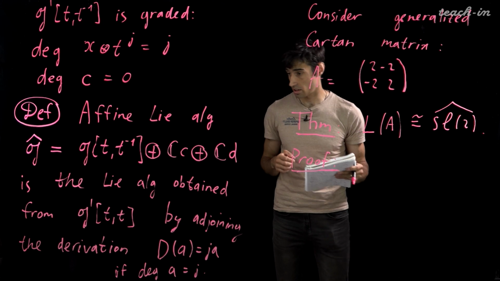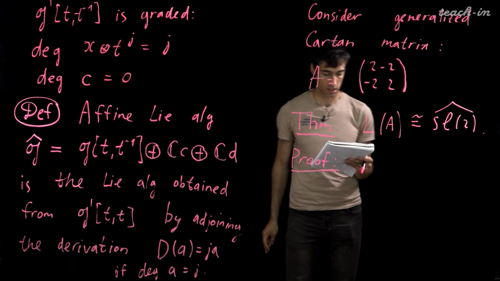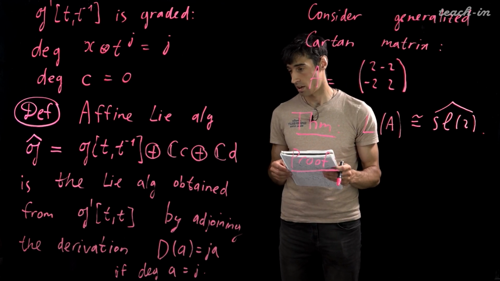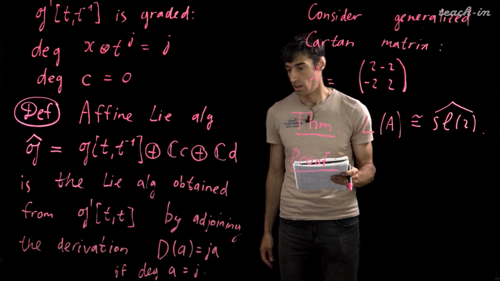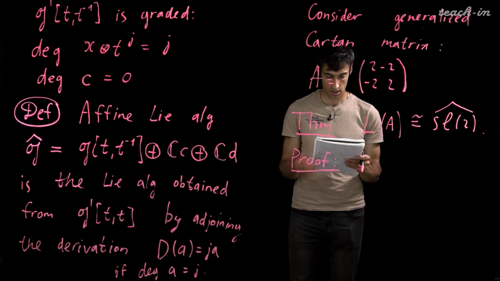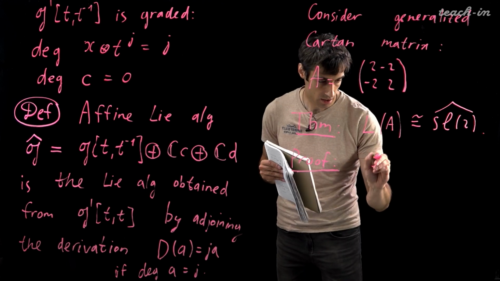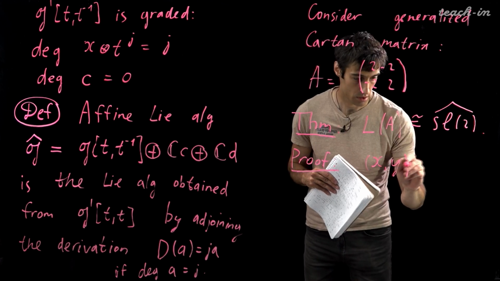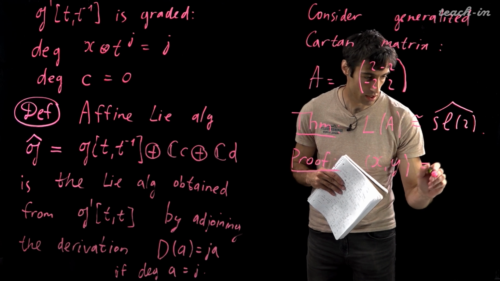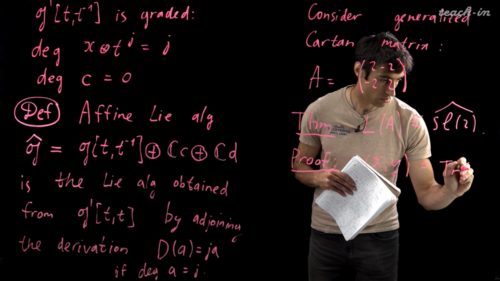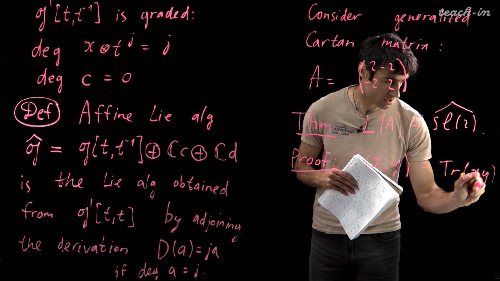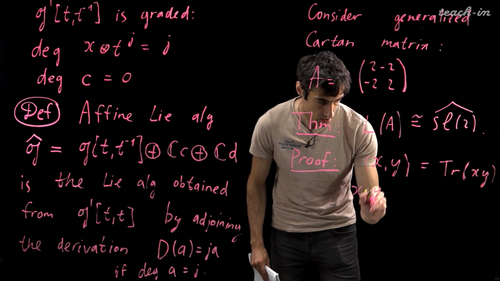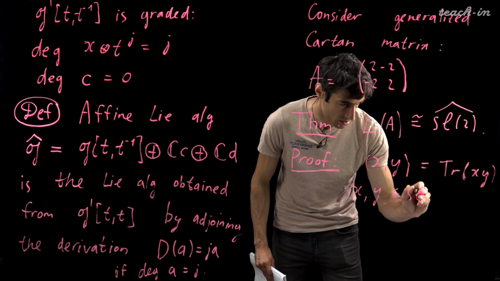Okay, so I said that you can take the Killing form, but maybe I can also take a multiple of the Killing form, and in my case I would like to take the trace form. So take the form of x and y to be the trace of xy, where x and y are 2 by 2 matrices, so they are elements of SL2.